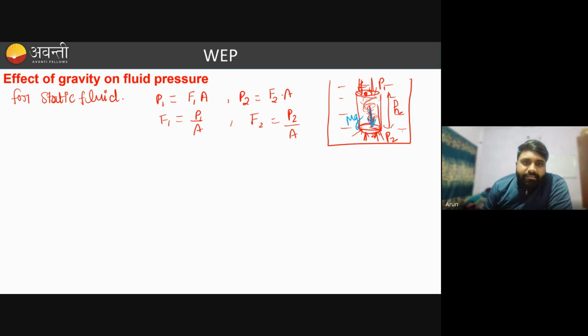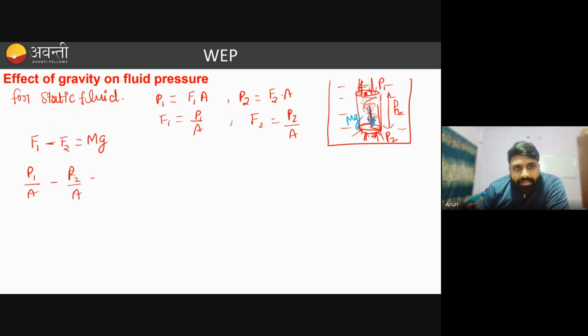So we can say that F1 minus F2 is equal to mg. If you put the value here in terms of pressure, P1 times A minus P2 times A is equal to mg. So it will become P1 minus P2 equal to m g upon area.